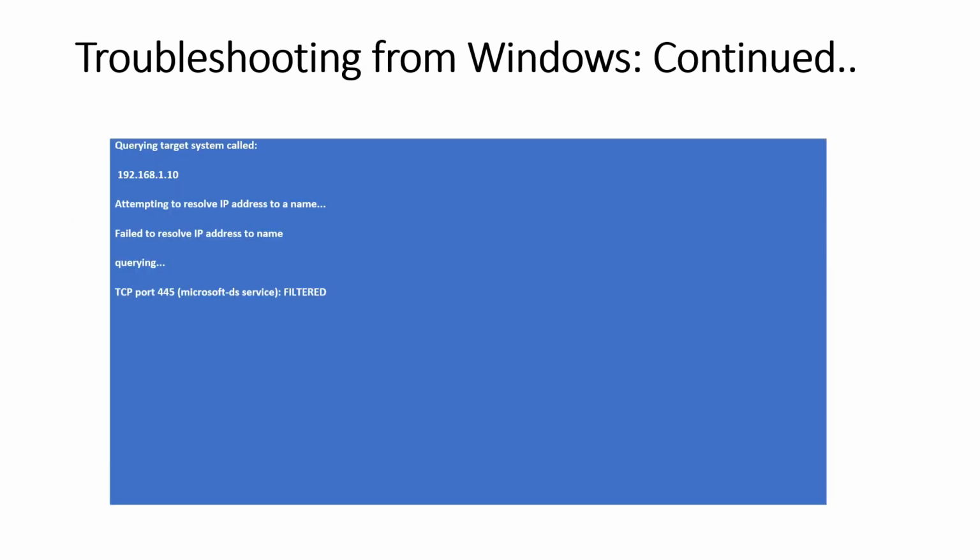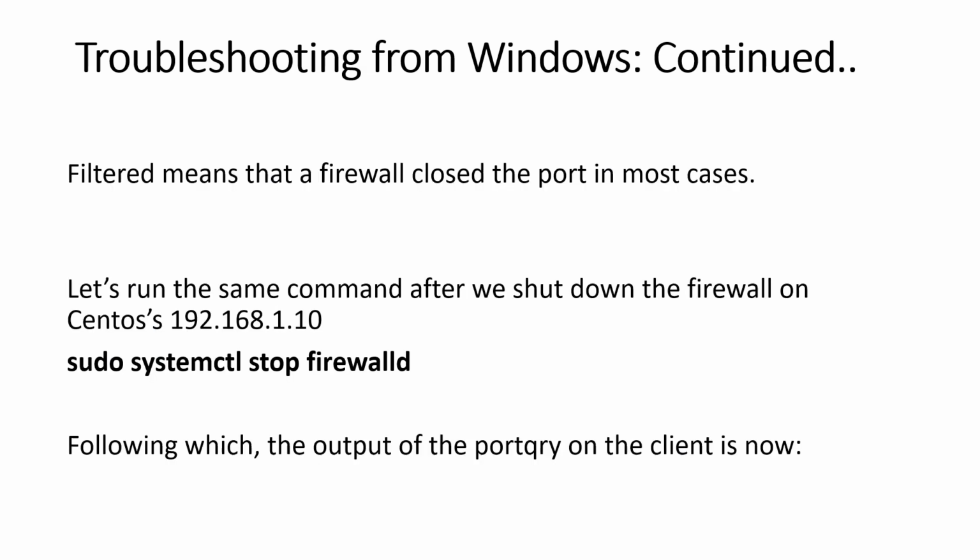You can see the result of this command, and look at the last line, we have something called filtered. Filtered means that a firewall has closed the port in most cases.